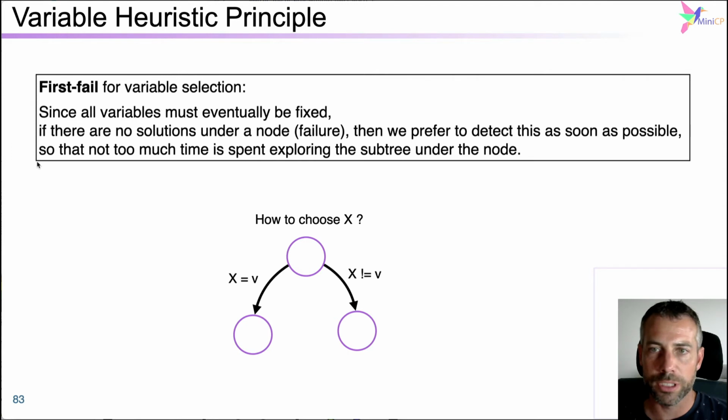Since all variables must eventually be fixed, if there is no solution under this node, it means that eventually we will discover that there is no solution, then we would prefer to detect it as soon as possible, so that not too much time is spent exploring the subtree under this node. This is why we say first fail principle. We want to fail as soon as possible if there is no solution there, instead of wasting a lot of time to discover it. And this very generic principle can be instantiated in different manners.